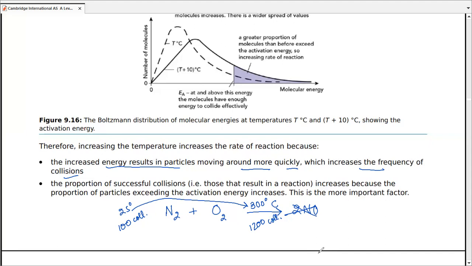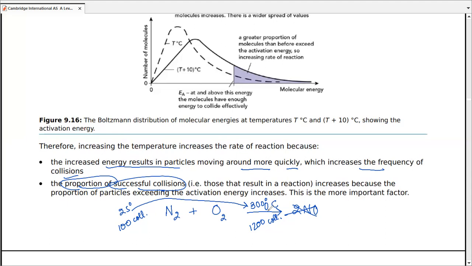Because still the particles will not have a combined energy equal to or greater than activation energy. The proportion of successful collisions will still be negligible unless I get somewhere closer to 3,000 degrees centigrade, which is my requirement. So this is the more important factor. Sometimes we can give them a little bit of energy boost, and sometimes we can really increase the frequency of collisions.